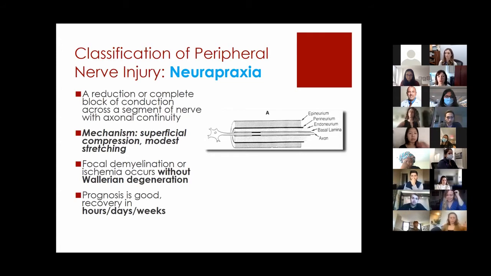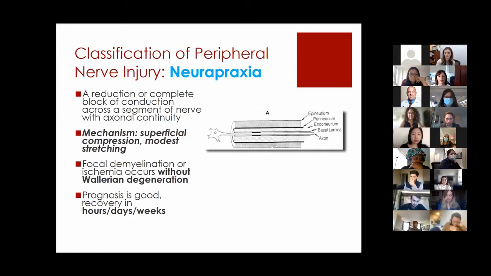But as soon as you really compress the myelin, you mess up the ability of conduction to occur, and that can relate to symptoms in the same way as a demyelinating lesion would. So you can have this very superficial injury, which we see sometimes in patients, the classic Saturday night palsy, which is somebody who has compressed the radial nerve against a hard surface, such as the side of a chair, resulting in some symptoms.